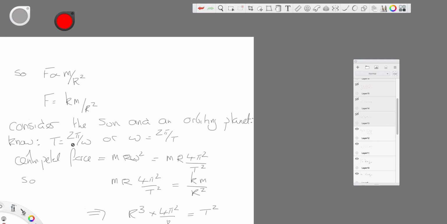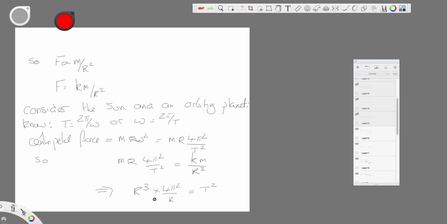We then equated that to our expression for the centripetal force, putting omega in. So we get m r 4 pi squared over T squared equals G M m over r squared. The m's will cancel, of course.